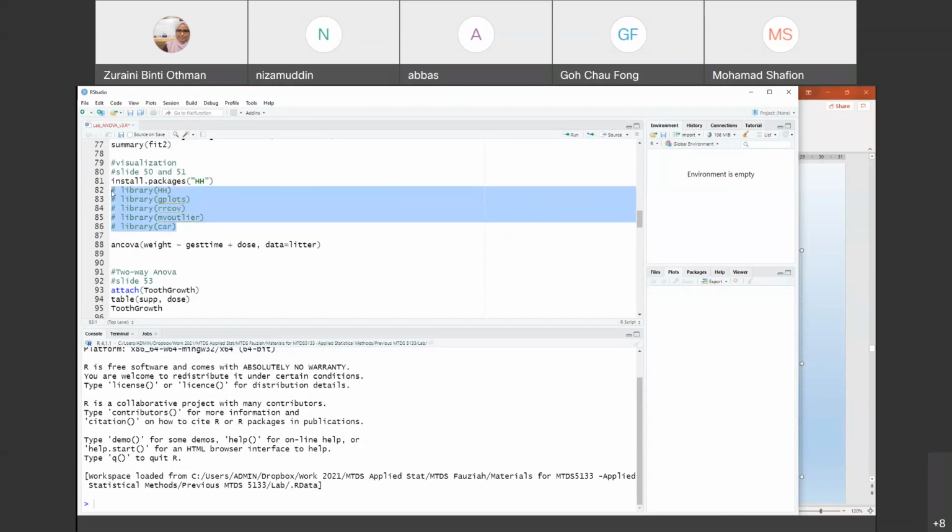Like when we learn C++, what library we are going to use, it's something like that. If you don't call that particular library, we can't use the functions from that library. So these libraries were already mentioned in the first slide of the previous lecture. And if you get some error, maybe you have not called this library yet.